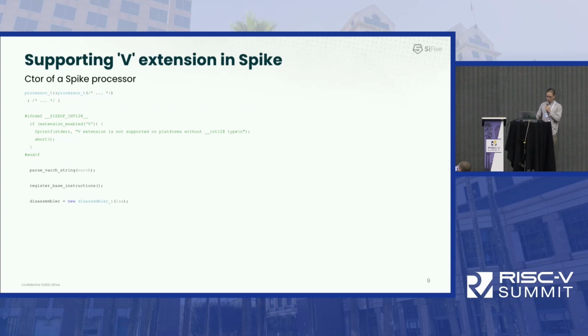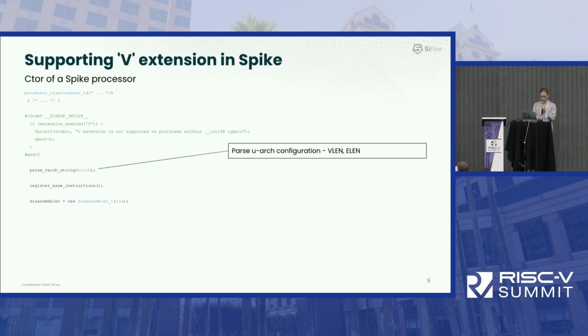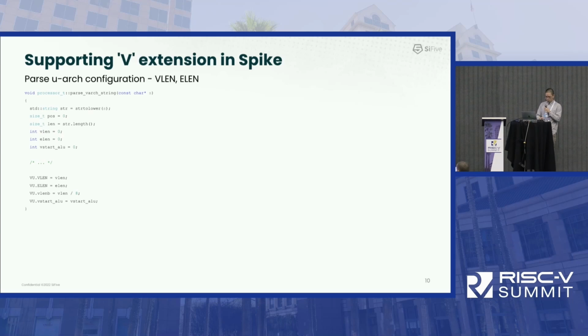After this check, we come to the first function. The first function is the parse_varch or parse_uarch_string function, which takes the microarchitecture configuration for the vector unit. The microarchitecture configurations of the vector extension are VLEN and ELEN.